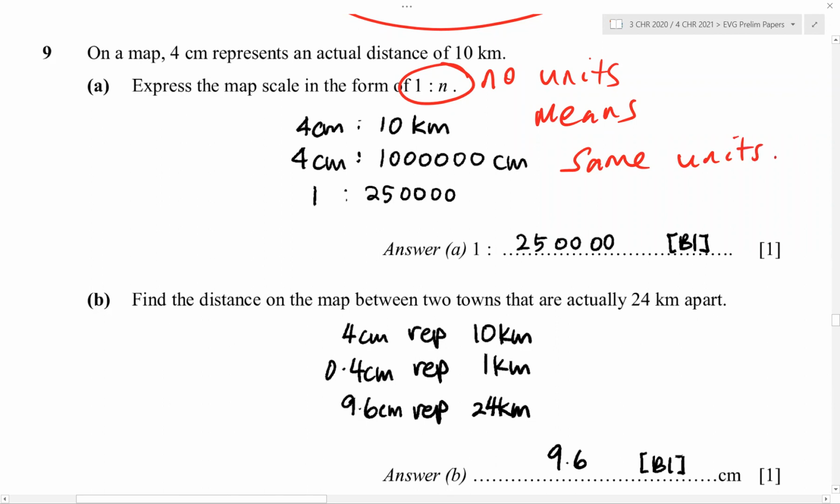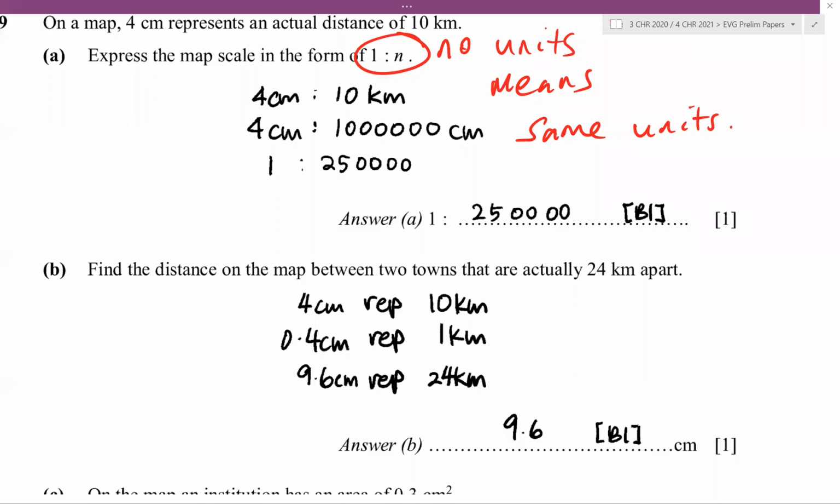No units means same units. If so, then I'm running 10 km every day already.